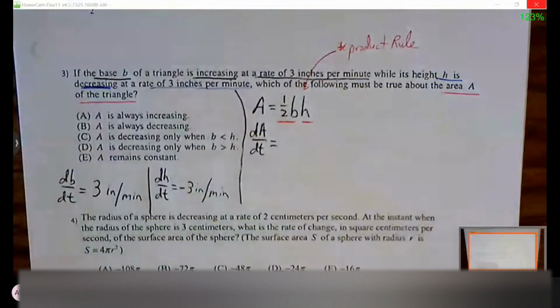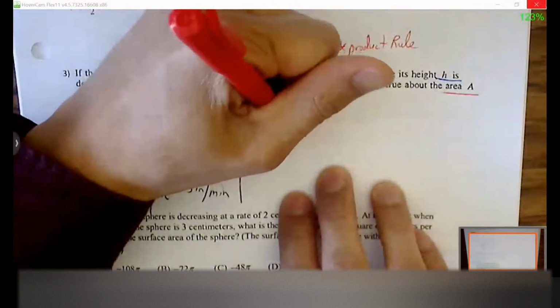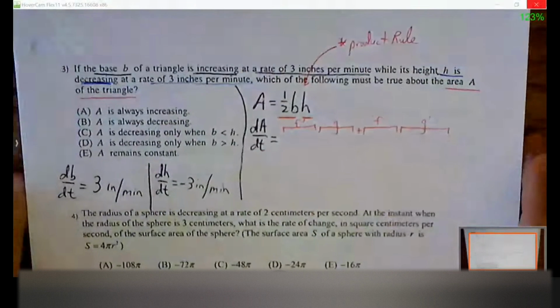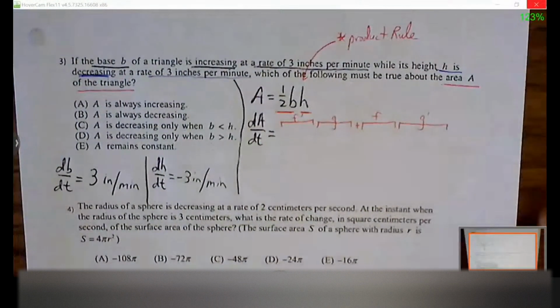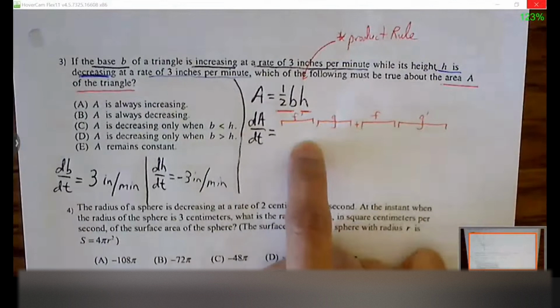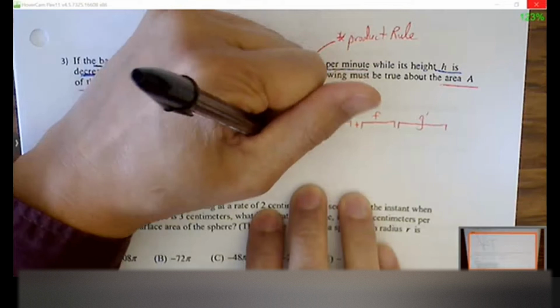All right, so f prime g plus f g prime. So 1/2 b's derivative is just going to be 1/2 dB/dt, right? B disappears, but we're asking for b's derivative, so we have that dB/dt.